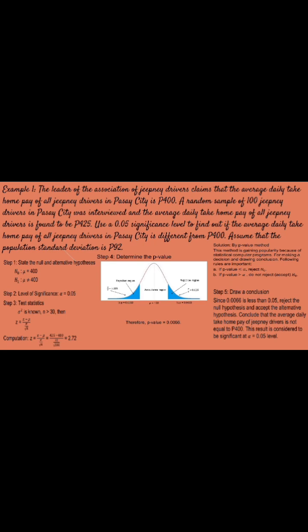Since our p-value 0.0066 is less than 0.05, reject the null hypothesis and accept the alternative hypothesis. Conclude that the average daily take-home pay of jeepney drivers is different from 400 pesos. This result is considered to be significant at the alpha equal to 0.05 level.